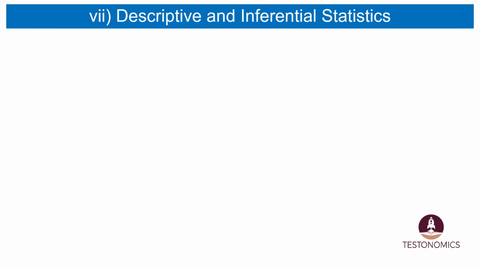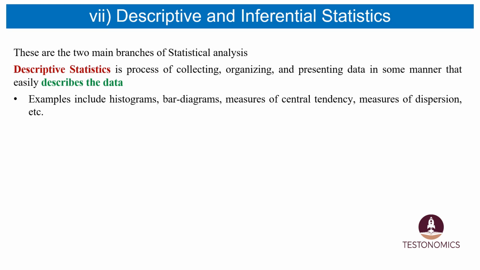These terms also we frequently encounter. What is the meaning of descriptive statistics and inferential statistics? So descriptive statistics deals with those things that describe a data set, and inferential statistics deals with those things in which we have to make inference to tell something about the data set. So there are primarily two branches of statistical analysis. Descriptive statistics is the first one. It deals with the process of collecting, organizing and presenting data in some manner that describes the data.